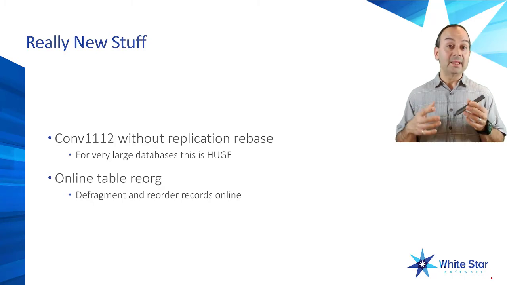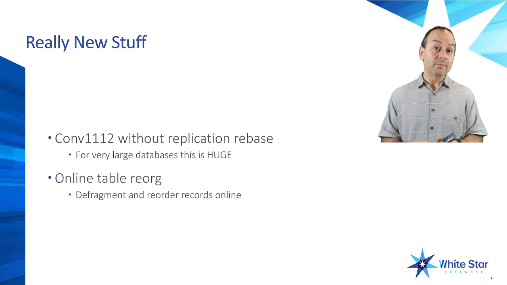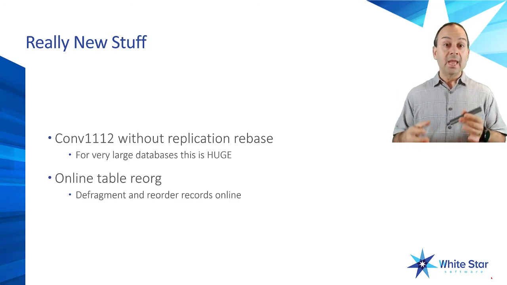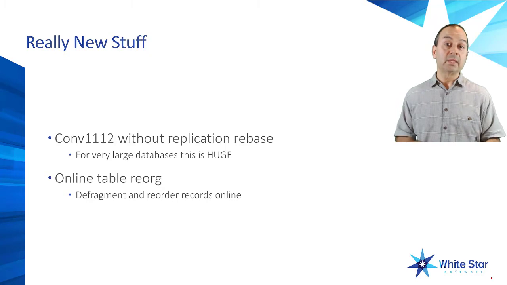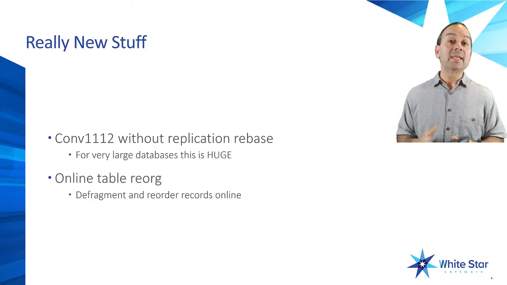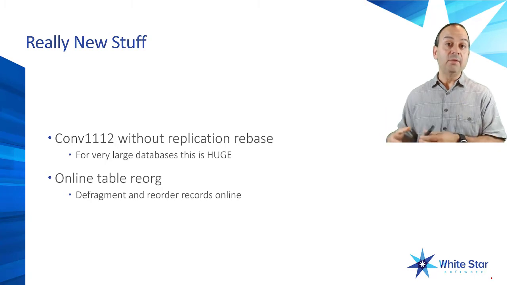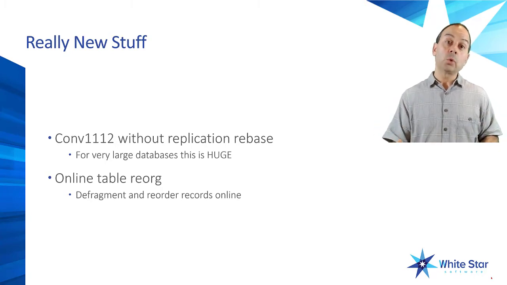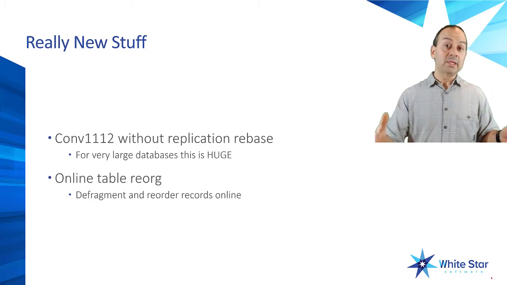And not only will it defragment them for you, it'll reorganize the data physically in the order of an index that you specify. So by default, that'll of course be the primary index, but you can say, you know what, not only defragment by data, but physically reorder it in the Type 2 storage area using this particular index.